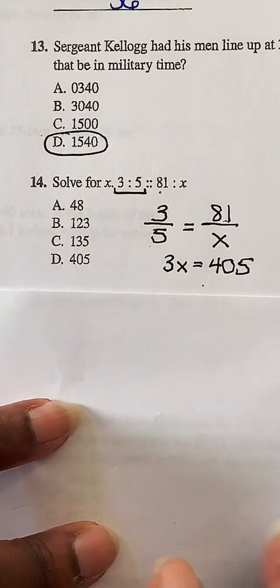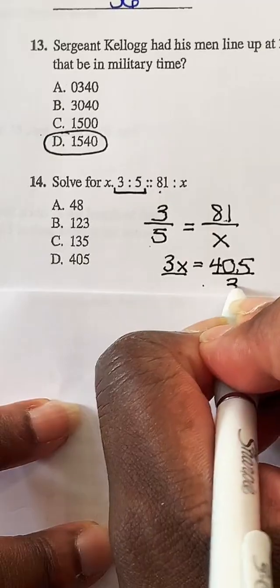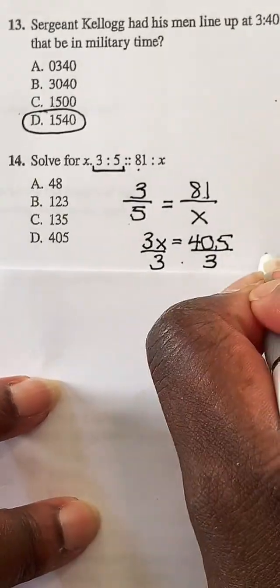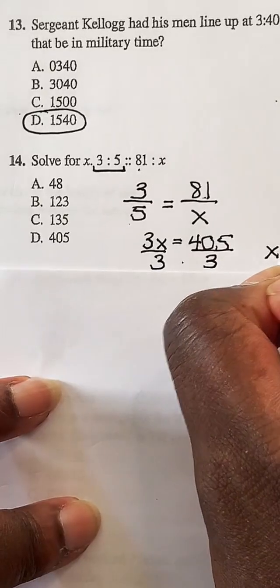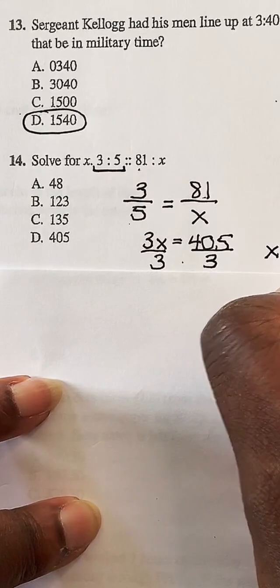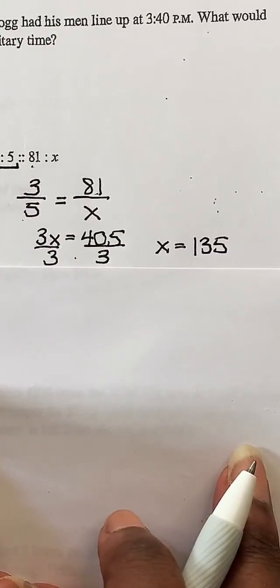And then if you want, you can divide both sides by 3 to get your answer, which I'm going to put over here because I ran out of room. So it gives you 135.